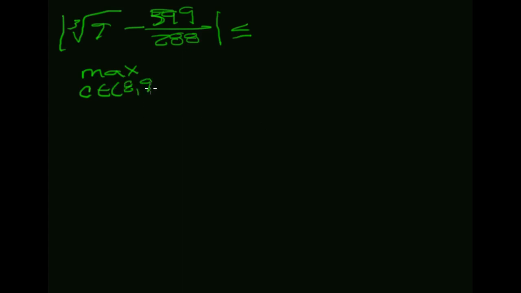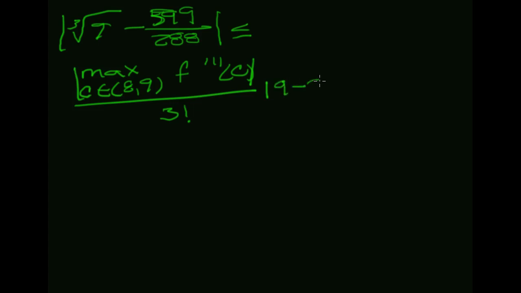And the x value here is 9, so the maximum on the interval from 8 to 9 of the absolute value of f triple prime of C, over, n was 2, so this is n plus 1, that's 3 factorial, times the absolute value of x, which is 9, minus a, which is 8, to the third. Okay, so this is what remains to be known.